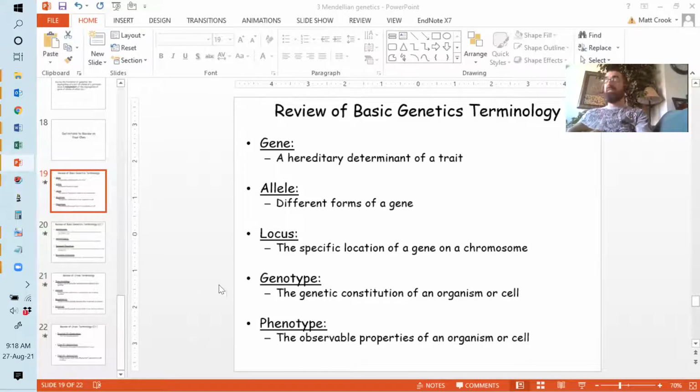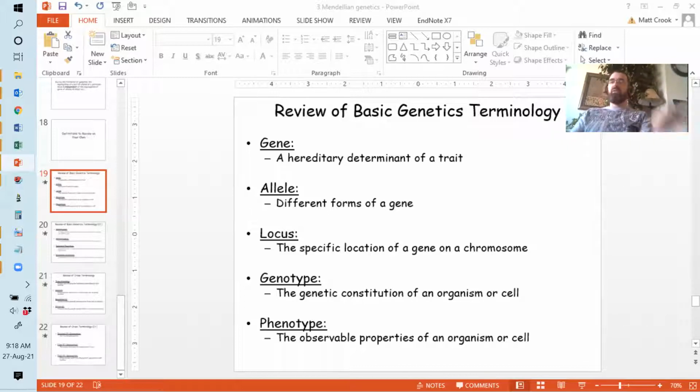Okay, so genotype and phenotype, also important. One thing to remember is that the genotype is the underlying basis of the phenotype. Right, so there are two different ways you can look at this. The phenotype is what it is because of what collection of alleles you have, right?